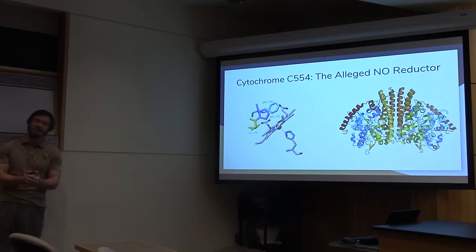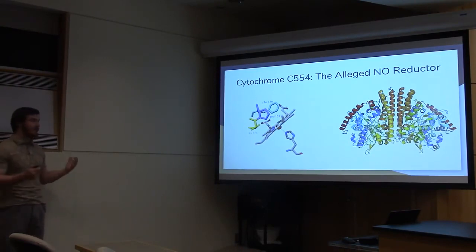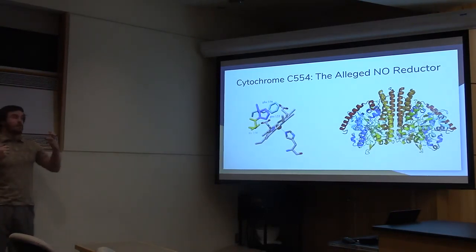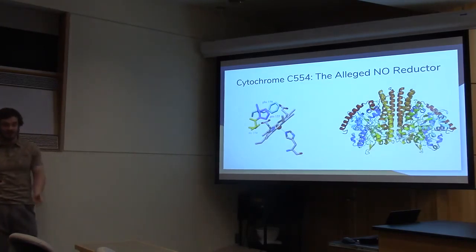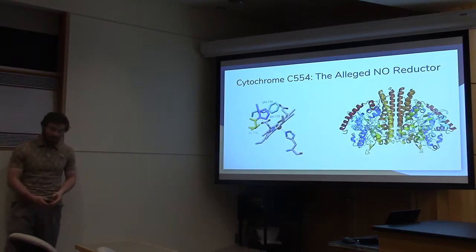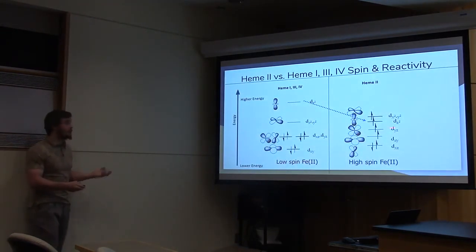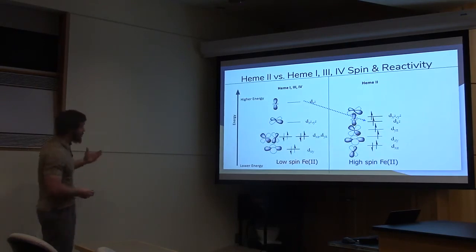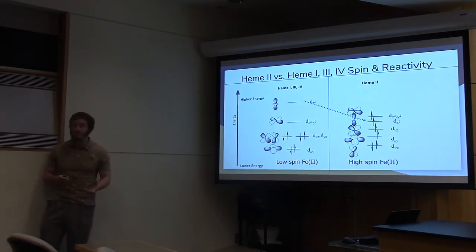Because the point of this research is to understand what's going on mechanistically, we want to understand a little more of the chemistry of our 2 constituents that are reacting, the heme and the nitric oxide. As I said before, heme 2, the one on the right, is allegedly where the reaction is occurring. But what makes heme 2 so different from hemes 1, 3, and 4?